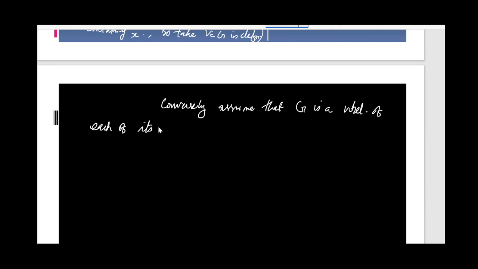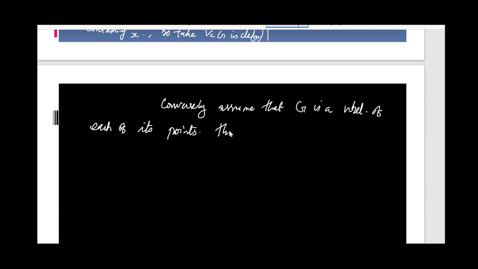And conversely, what we want to assume? Conversely, assume that G is a neighborhood of each of its points.